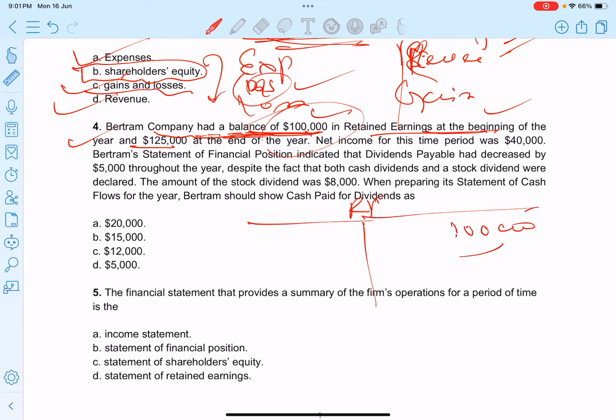Now the closing is showing as 125,000 at the end of the year. The net income for the period was 40,000, so net income I'm just adding here as 40,000 from the income statement.